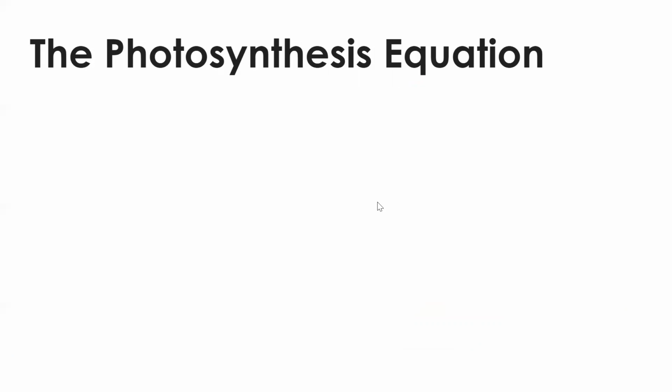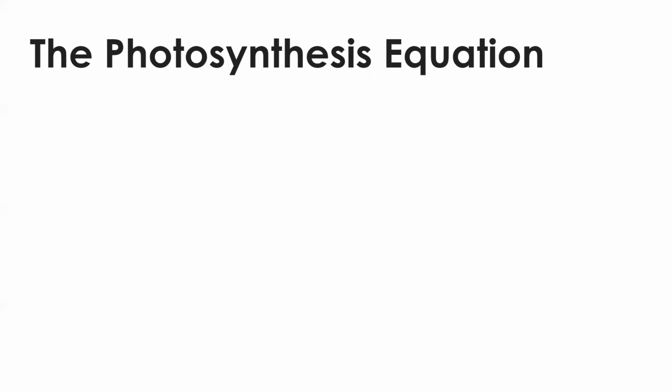Now let's look at the photosynthetic equation. Let's go back to photosynthesis. There's a special equation that plants use in order to describe their process of making food for themselves. The photosynthetic equation is made up of reactants and products. Your reactants are what your plants need, the ingredients the plants need in order to carry out the process.